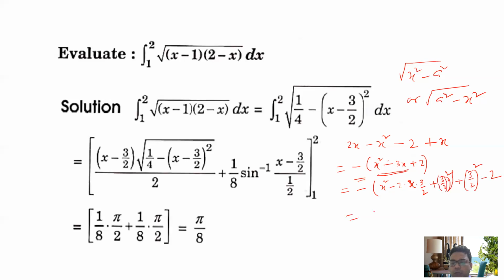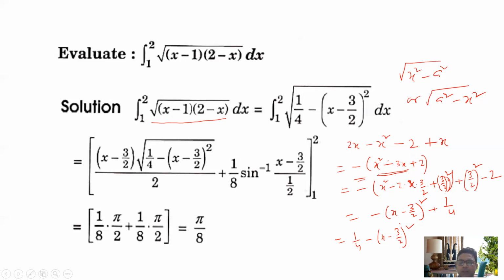So from here you may write minus, x minus 3 by 2 whole square, and after simplification 9 by 4 minus 2 gives 1 by 4. So you may write 1 by 4 minus (x minus 3 by 2) whole square. First you have to multiply factor-wise, then simplify, and then you have this.